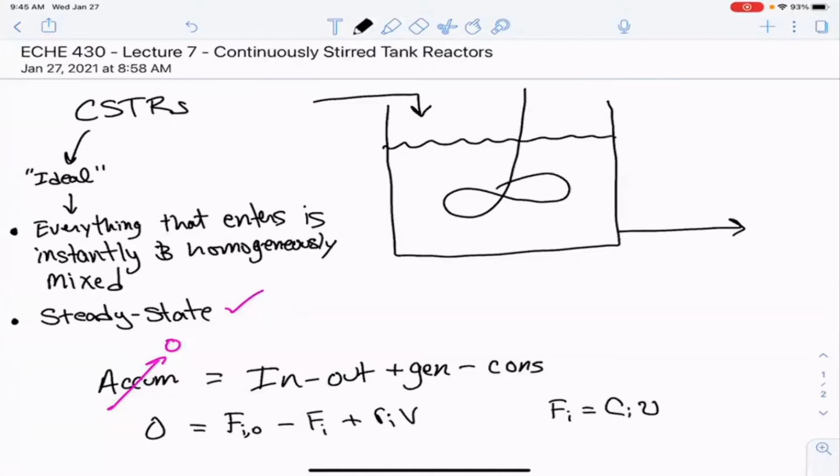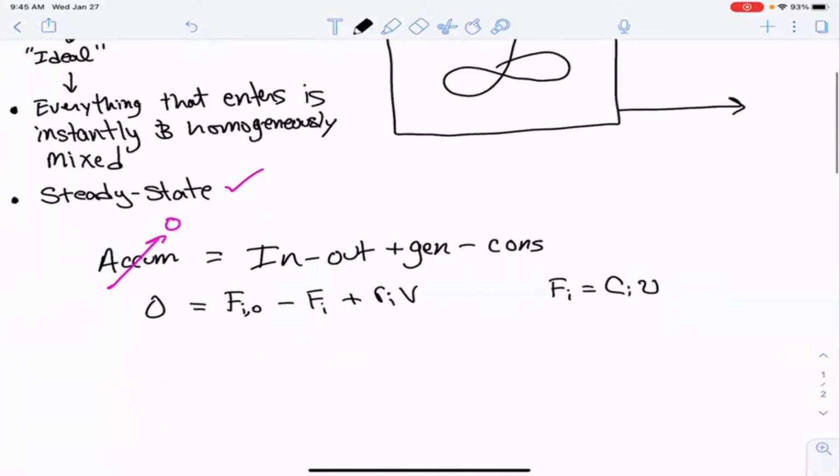Now, the volumetric flow rate doesn't necessarily have to be the same. So my next line won't assume that that's true. So we'll say that 0 equals the concentration of i times the initial volumetric flow rate v_0 minus the concentration of species i times the volumetric flow rate v plus R_i times V is equal to 0.